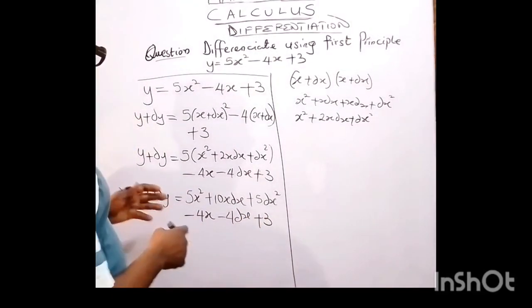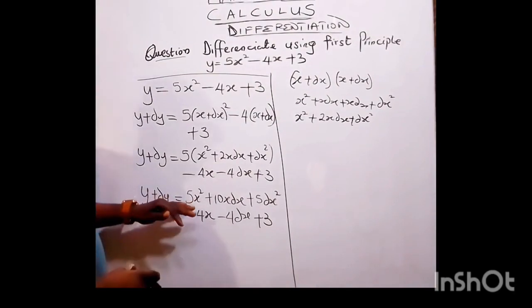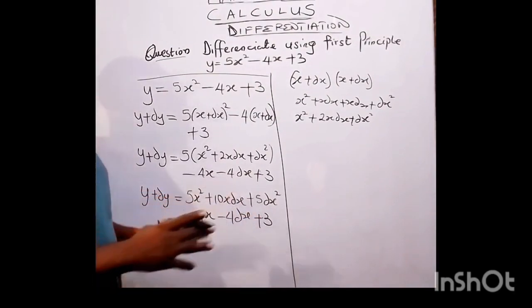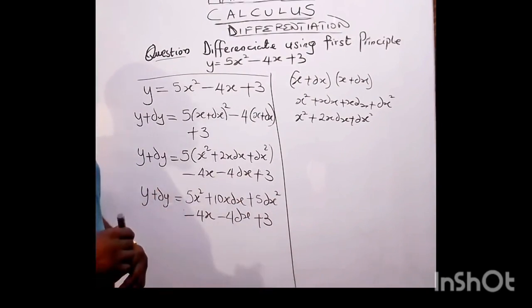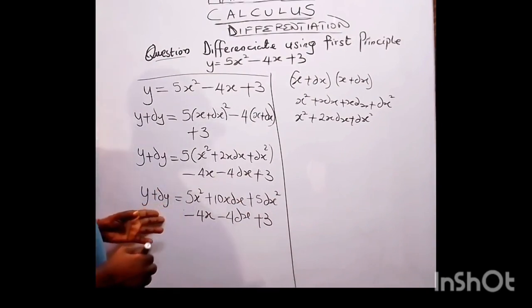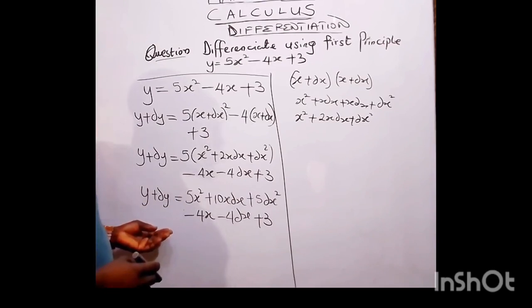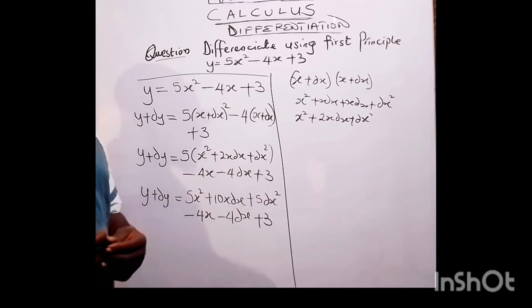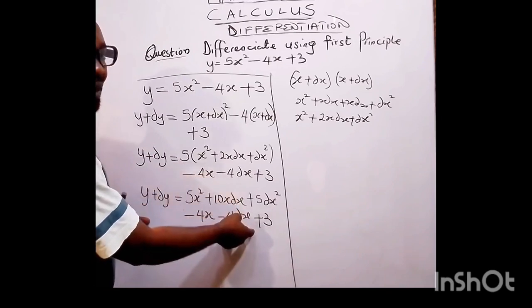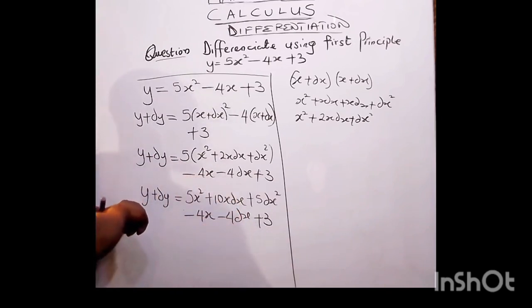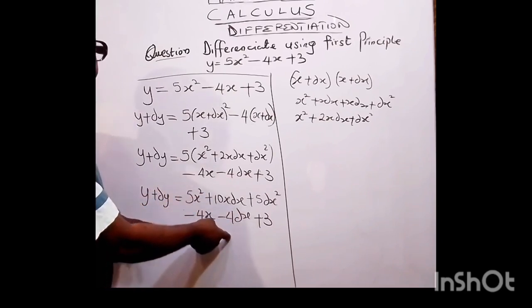Good. Now, at this stage, when you have all these values opened up like this, at the next step you are going to find the value of dy alone. You can see that what we have here is y plus dy. But what we are interested in is getting the value of dy over dx. So I'm going to transfer this y to this side. This y here has a positive sign, but when it comes here, it becomes negative.